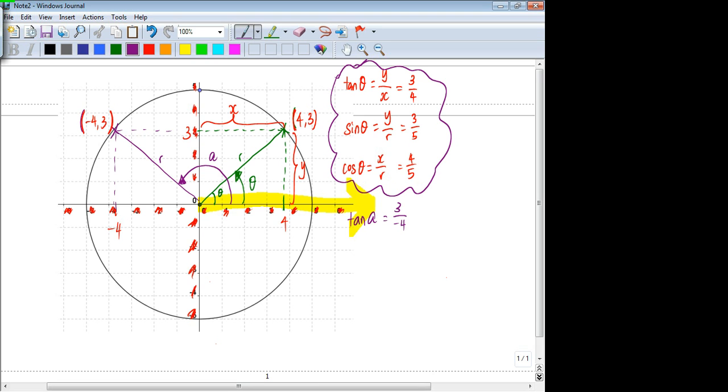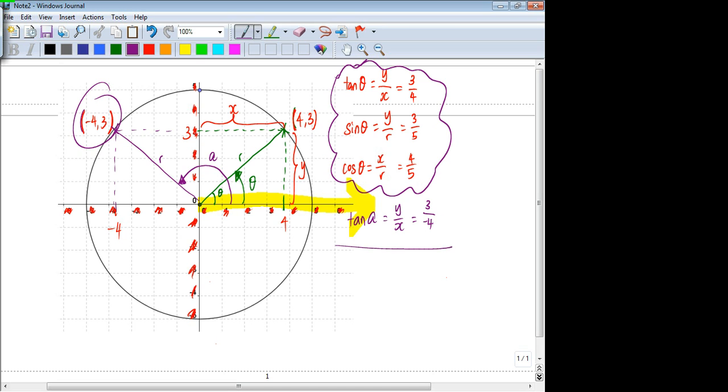Don't understand? Okay, rewind. Tangent A is also equal to y over x, because no change. Now you need to tell me the value of y over here. 3. What is the value of x? Negative 4. See, negative 4 over here.